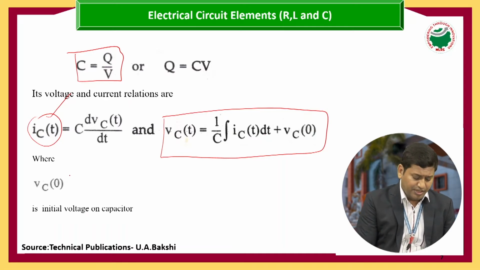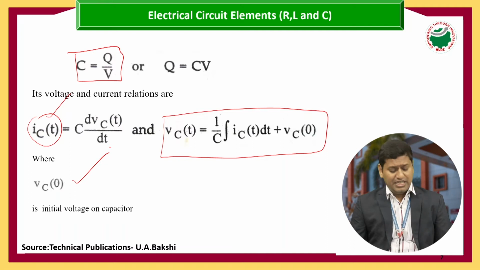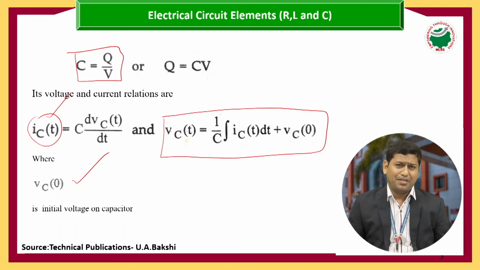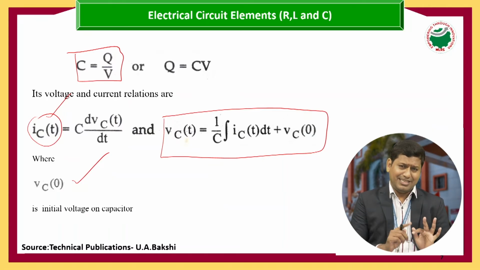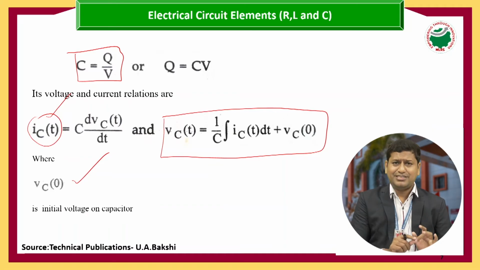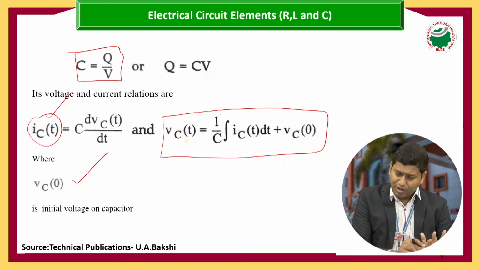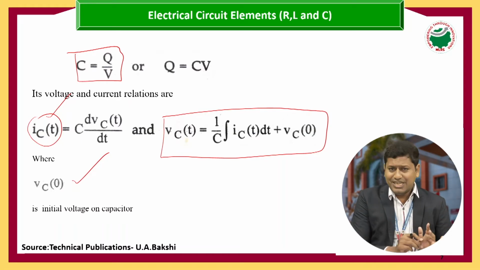Here Vc of 0 is the initial voltage on the capacitor. So, till now we have seen the three parameters: resistance, inductance and capacitance, their definitions, formulas, and voltage and current relations.